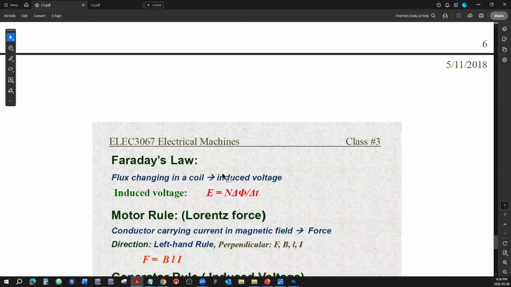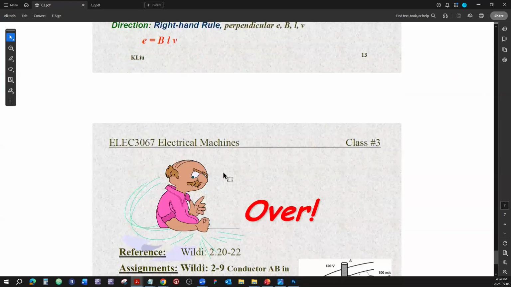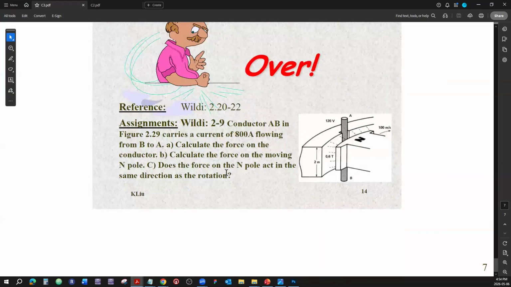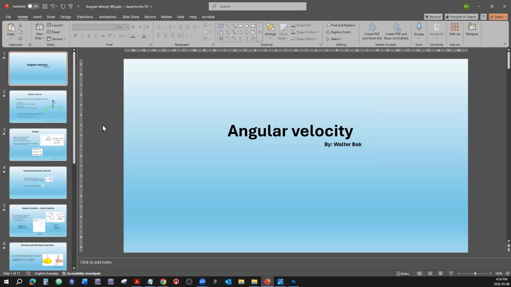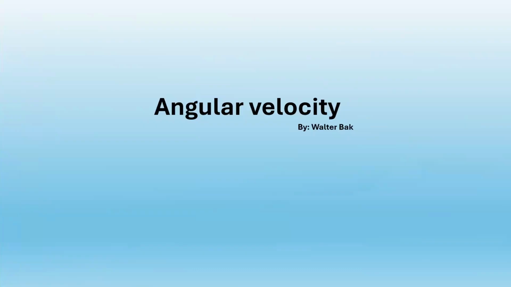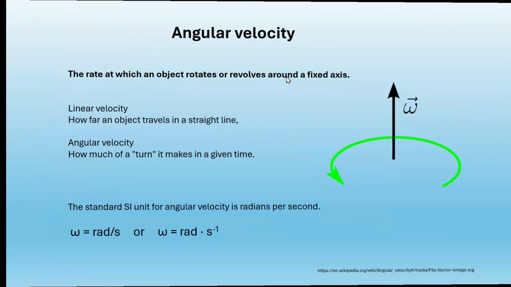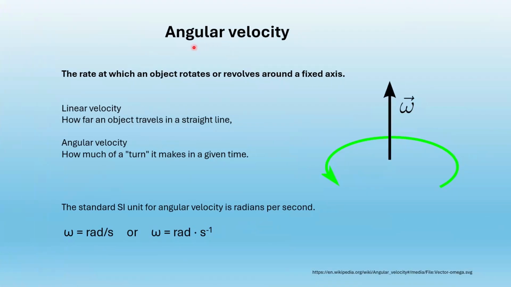Now, I want to give you one more thing. We're not over yet, all right? I want to give you the concept of angular velocity. What is angular velocity? Because we have linear velocity and angular velocity.